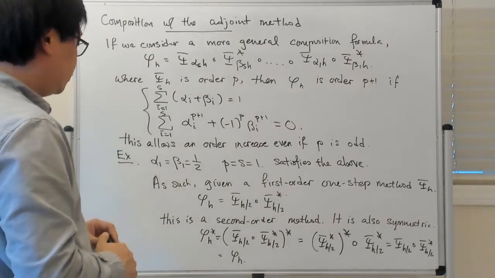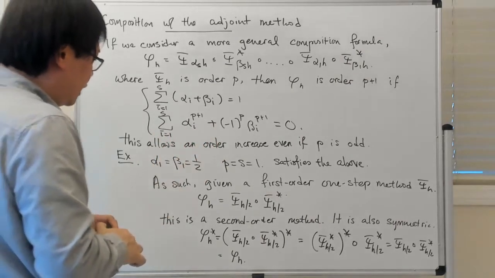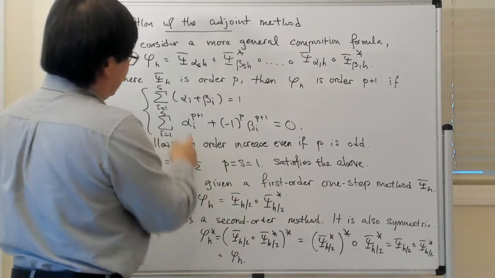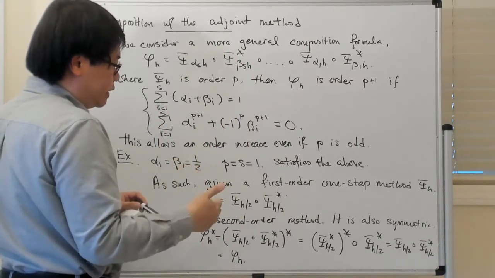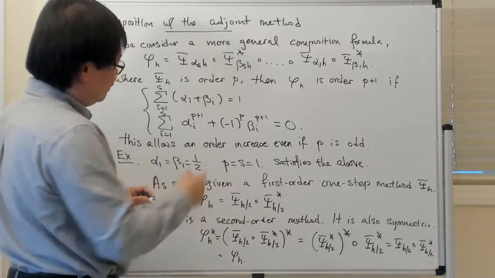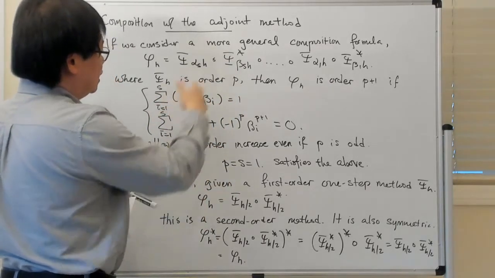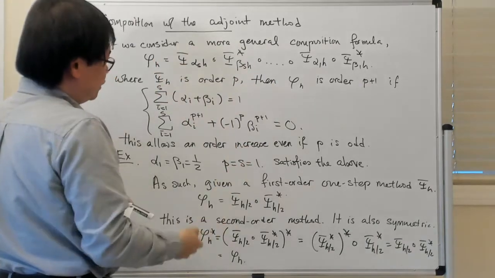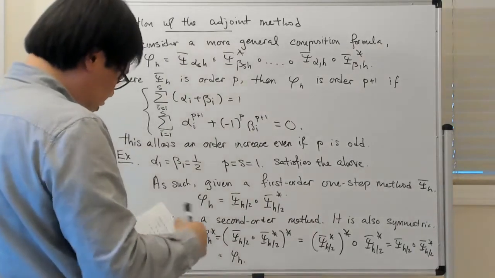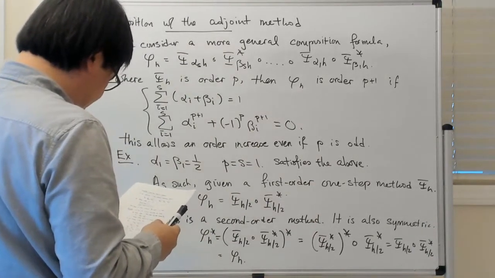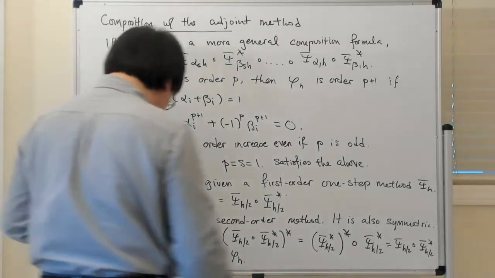I should also mention that if the composition satisfies this first condition, then it would have at least the same order of accuracy. This second condition guarantees that it has actually one higher order accuracy. So we verified that this is a symmetric method.